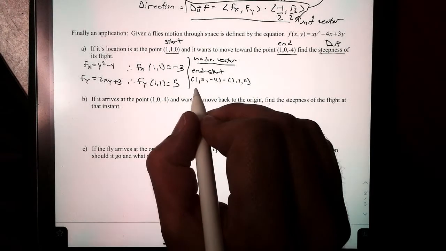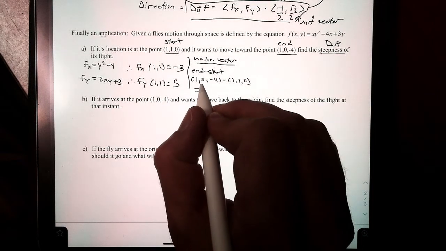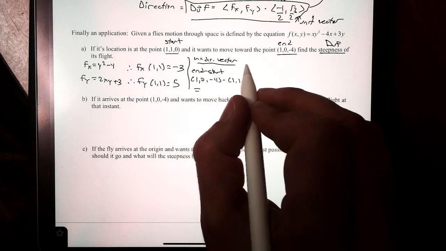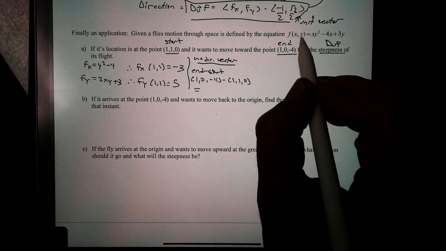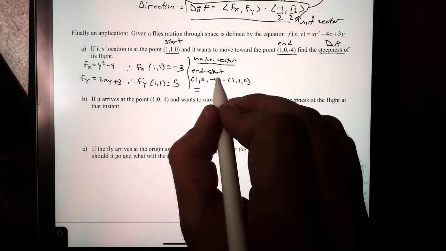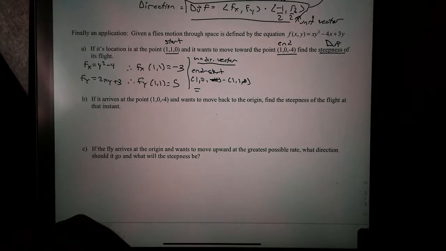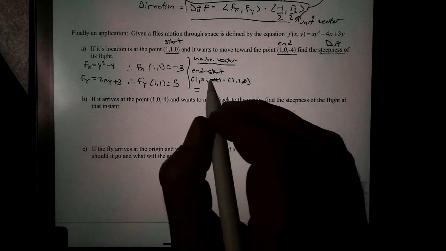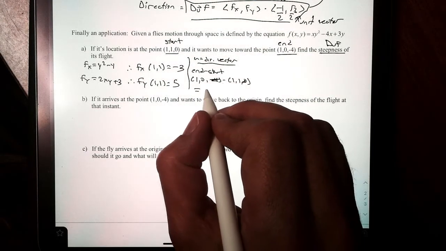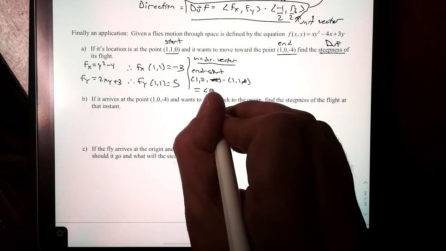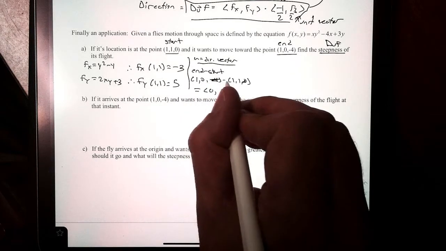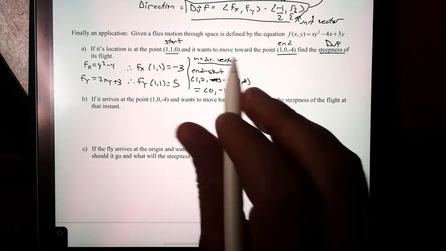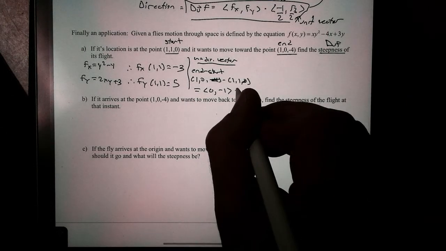Now again, I'm not really interested in the z coordinate, so I don't really need these two right here. I'm really only interested in the x, y part of it. If we do this, 1 minus 1 is 0. So we get 0, and 0 minus 1 is negative 1. And yes, this is a unit vector.